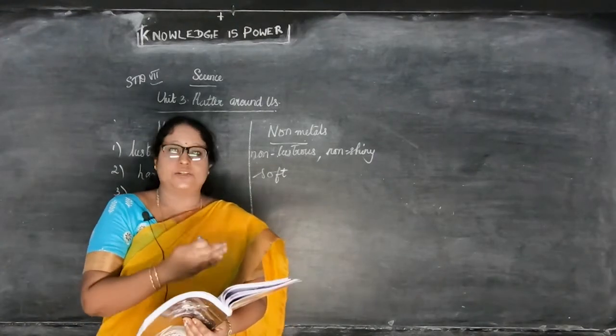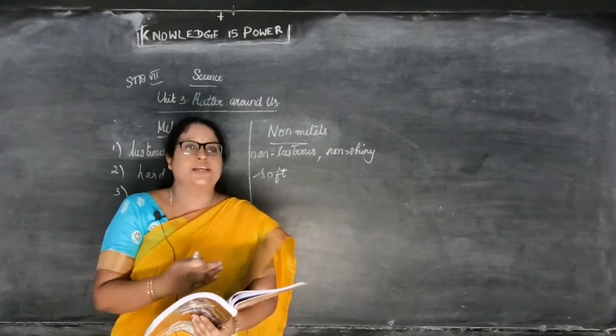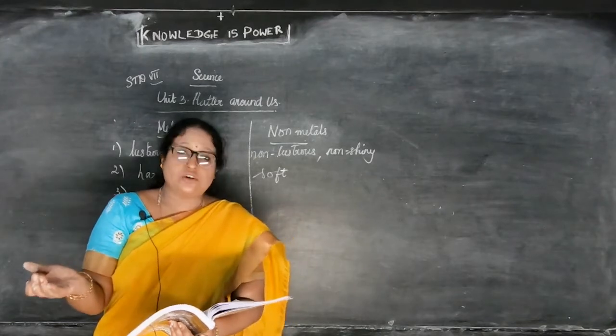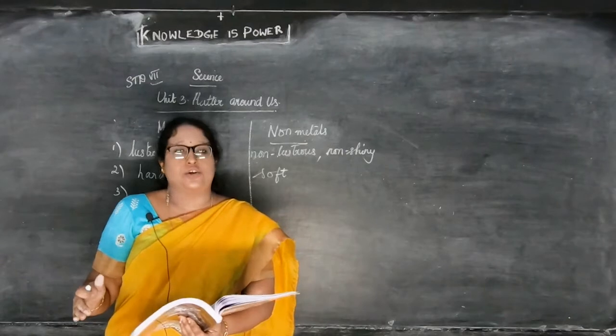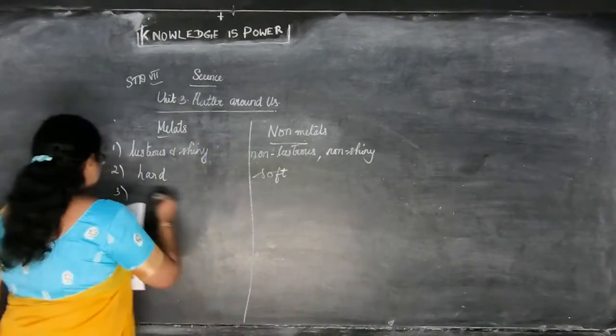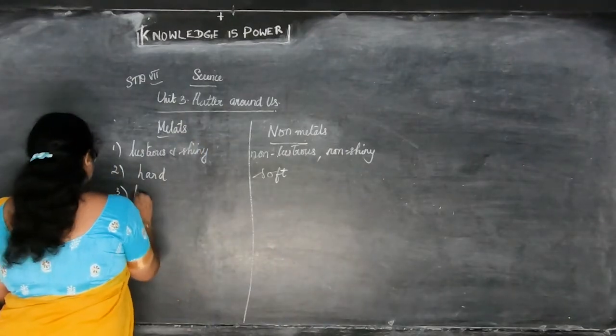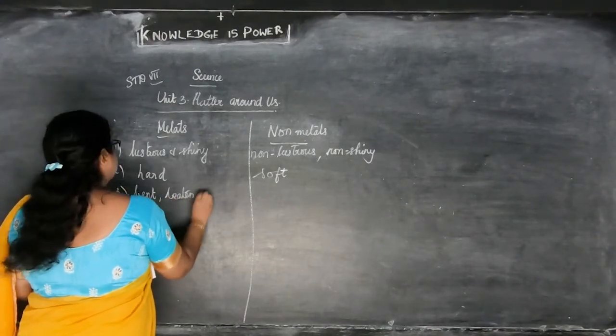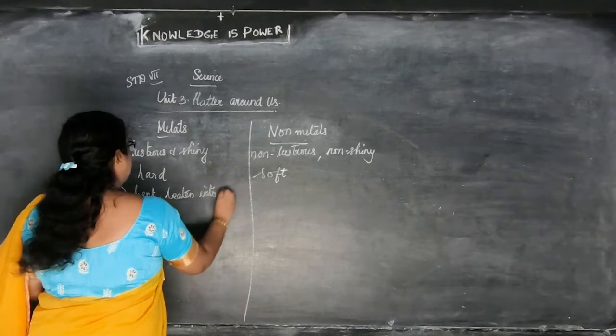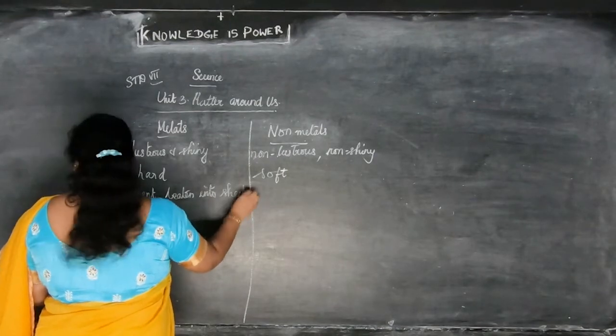When we go to non-metals, they cannot be bent or beaten into sheets and they cannot be drawn into wires. So most metals can be bent, beaten into sheets and drawn into wires.